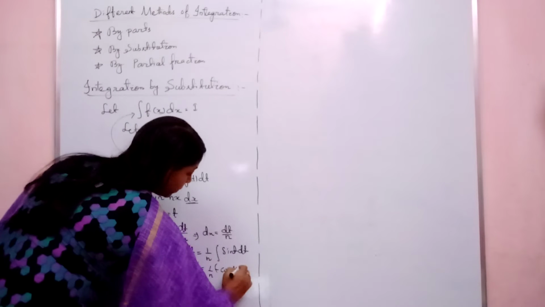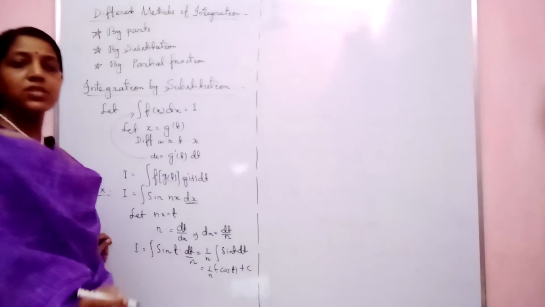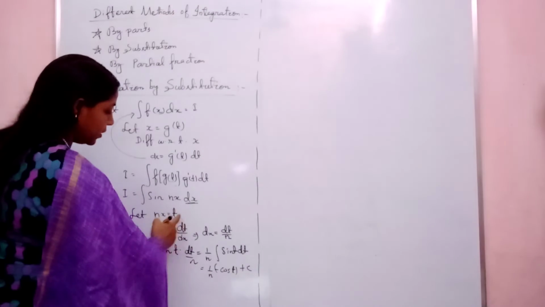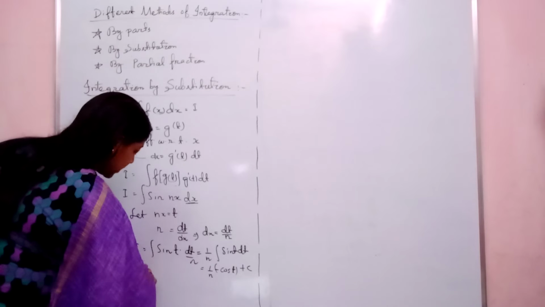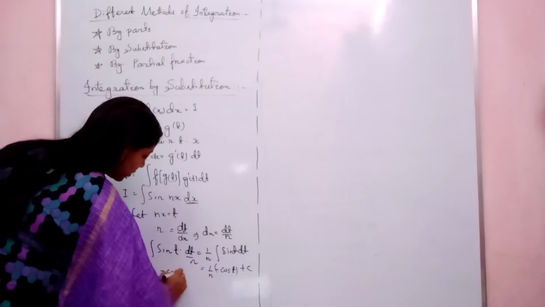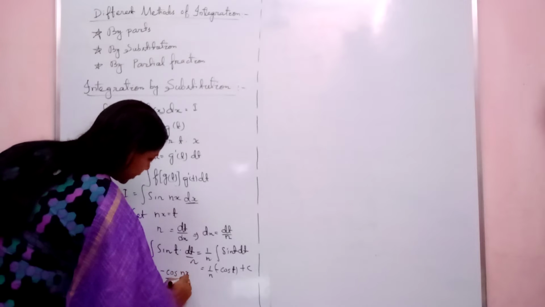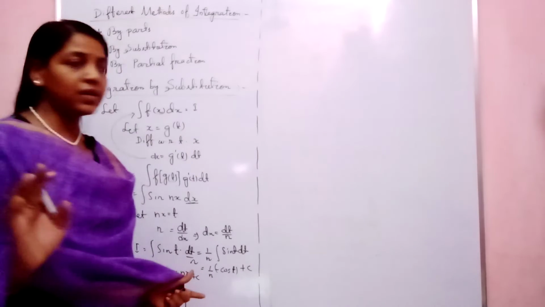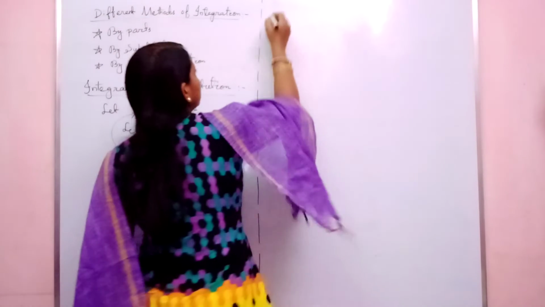So similarly here I will write it as 1 by n minus cos t plus c. Yes or no? C is your constant of integration. Now replace your t with nx. So my answer is minus cos nx divided by n plus c. Is this clear?